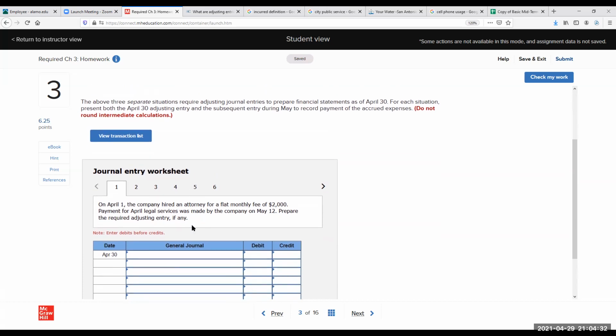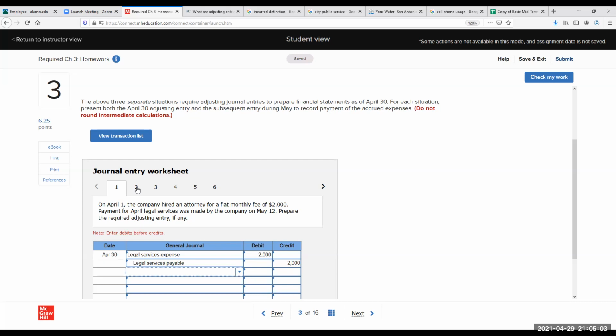So we owe someone. So at the end of the month, you have legal service expense, legal services payable. Because you hired him on April 1st or whatever, and at the end of the month, you haven't paid him, but you got to put it on your books. You're making sure that expense belongs in April or May. It belongs in April, so you make an adjustment to reflect that.